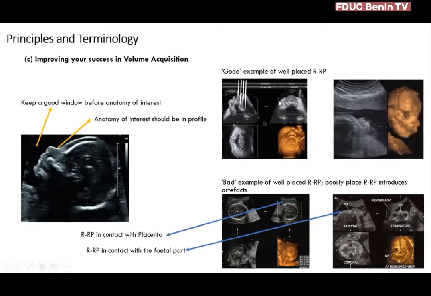So it means that if our reference reconstruction plane is intersecting any other structure apart from the anatomy of interest, we will be unable to see our anatomy of interest.